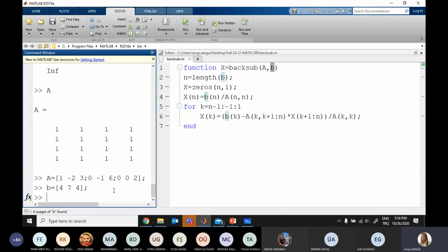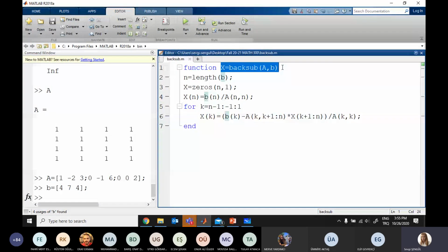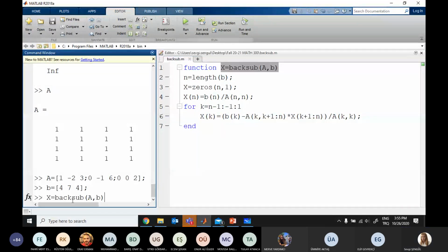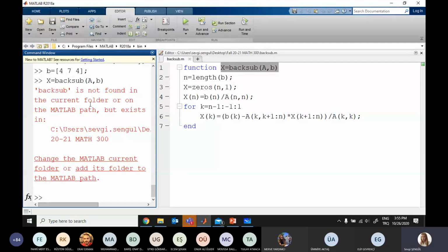And now I have to call my program. I want X. That is back substitution A and B. I already defined. Uh-oh. Why is it not working? Can you tell me? Look at in here. Because my directory is showing bin.